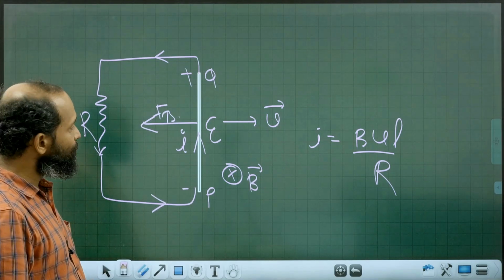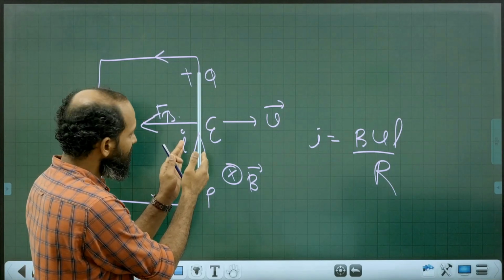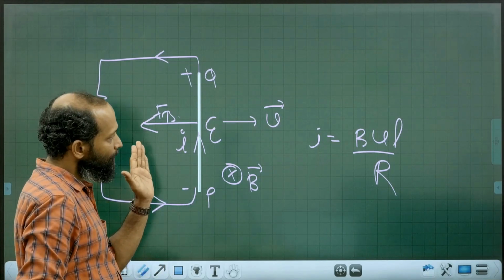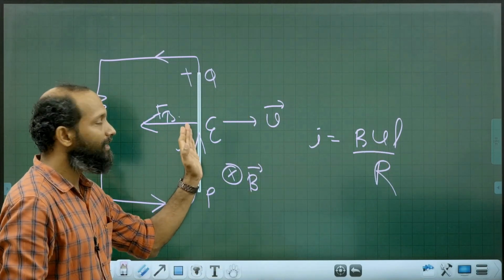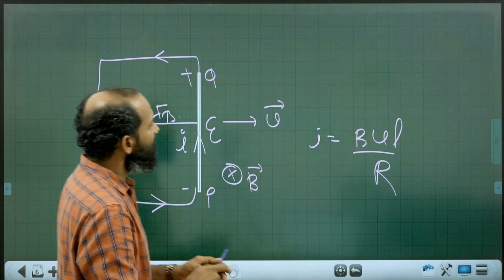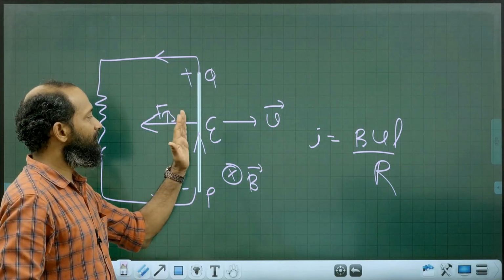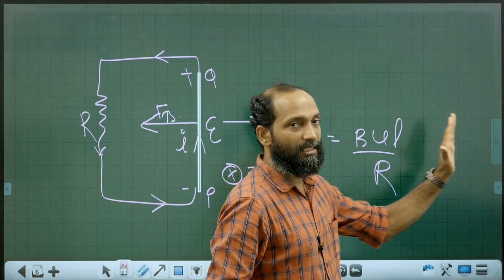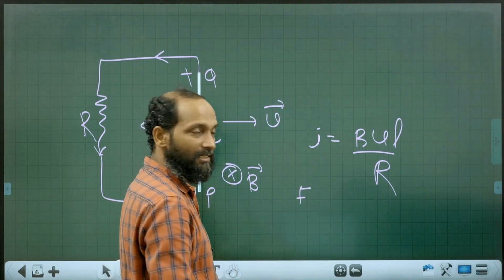That magnetic force would tend to act against the proposed direction of velocity. That is why, to make the conductor move with constant velocity, an external agency has to exert some extra mechanical force.